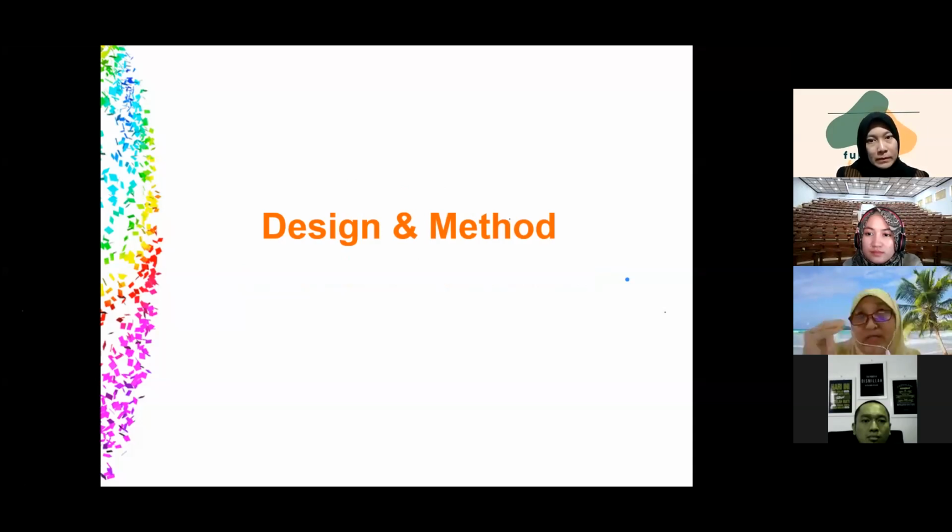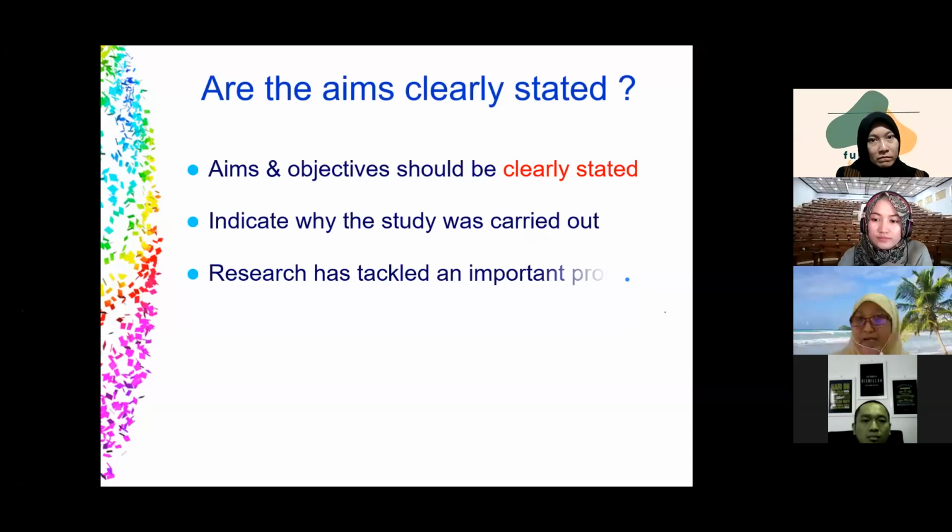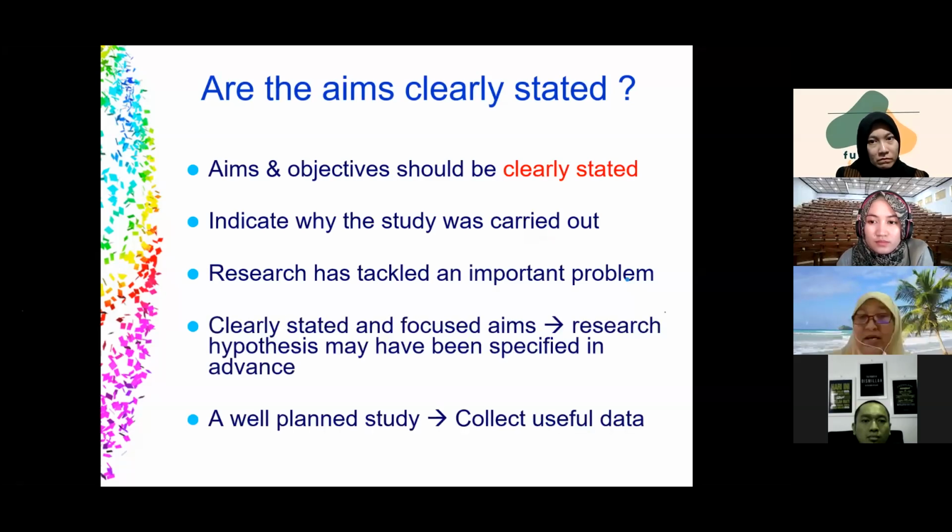Tadi you sudah faham apa yang kita nak tengok di setiap section. Now we are going to appraise. First thing, you must look at the paper, the aims are clearly stated. Aim and objective should be clearly stated. Sometimes they don't have aim, but they have research question. Pun tak apa.